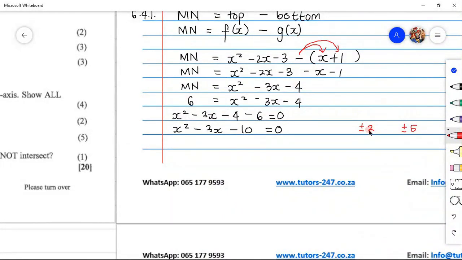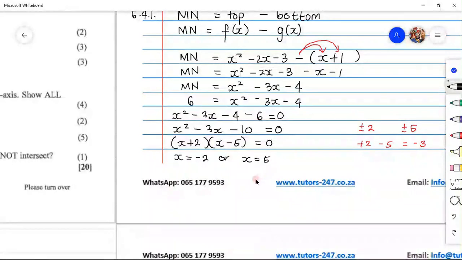So if we take positive 2 and negative 5, so let's try it out, positive 2 and negative 5, that's going to give us negative 3, which is what we want. So that is going to be x plus 2 and x minus 5 equals 0. Therefore, we have x equals negative 2 or x equals positive 5.